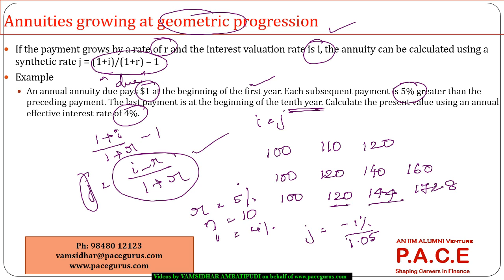That is what comes out as J. Based on this J, I will find the present value. This is how we adjust the I based on the R that we are getting.